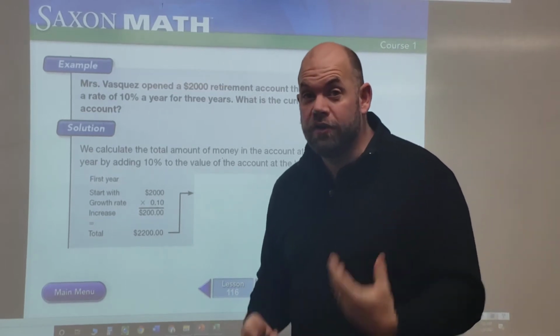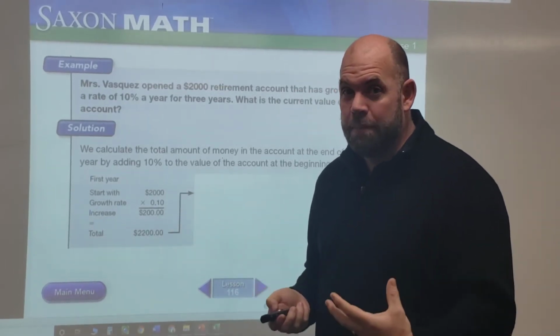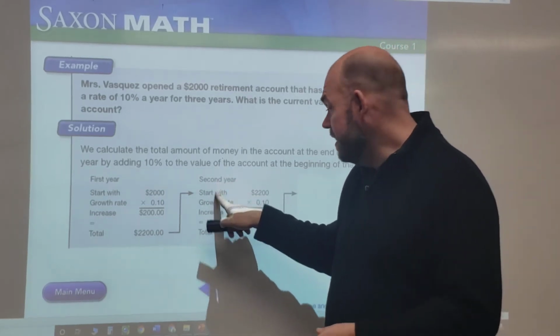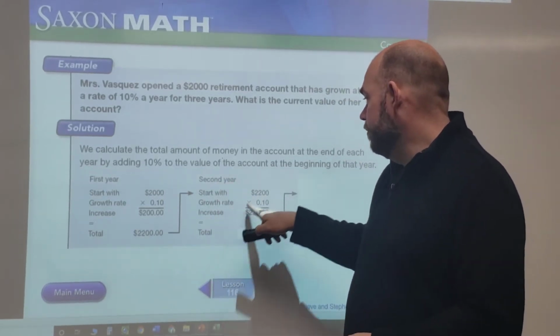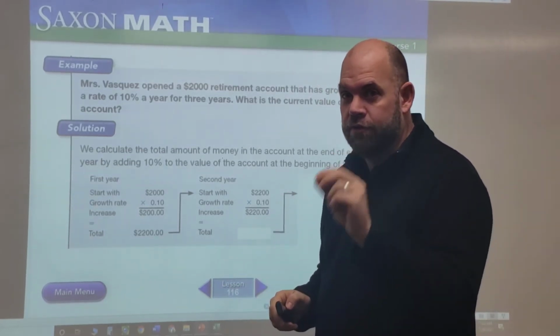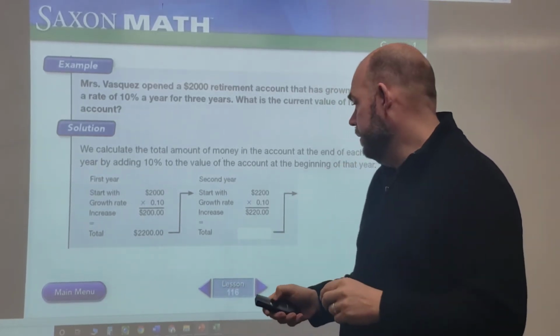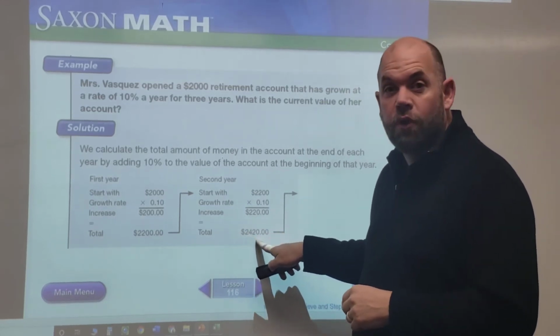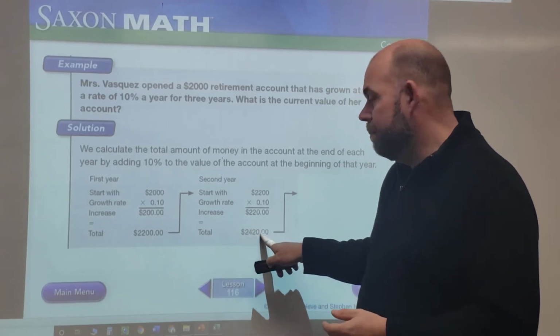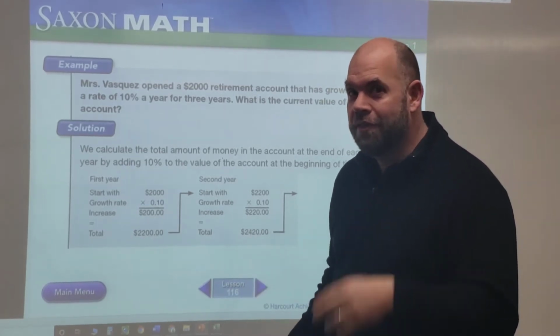She's going to make $200 by getting 10% interest for that year, so her total is $2,200. Now the second year, she's going to take the 2,200 and multiply that by 10%. So step 2 is now enter 2,200 times 0.1, and the result will be 220, for a total of 2,420. So now she's making an extra $20 just off interest on the interest.